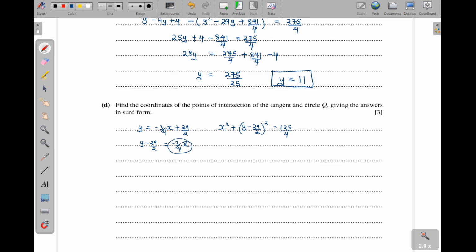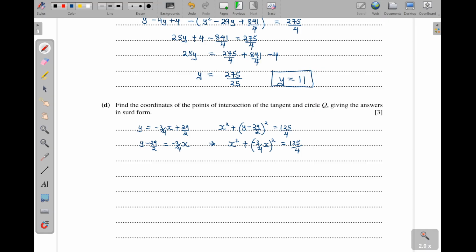Then this whole thing here, y minus 29 over 2, I'm going to put it here. So that means we shall have x squared, then plus negative 3 over 4 of x, squared, is equal to 125 over 4.